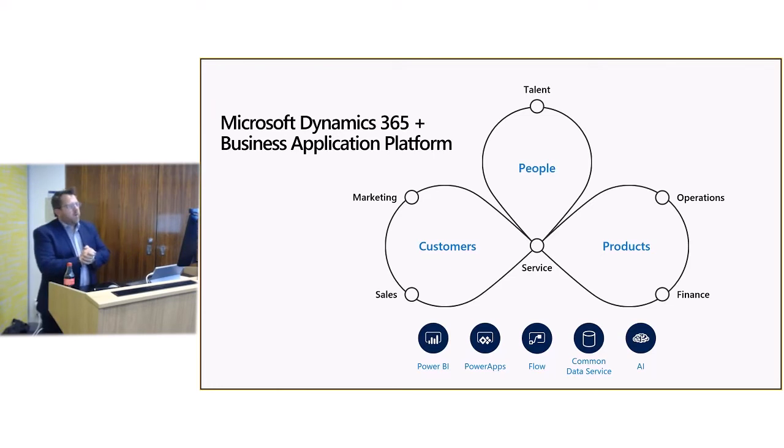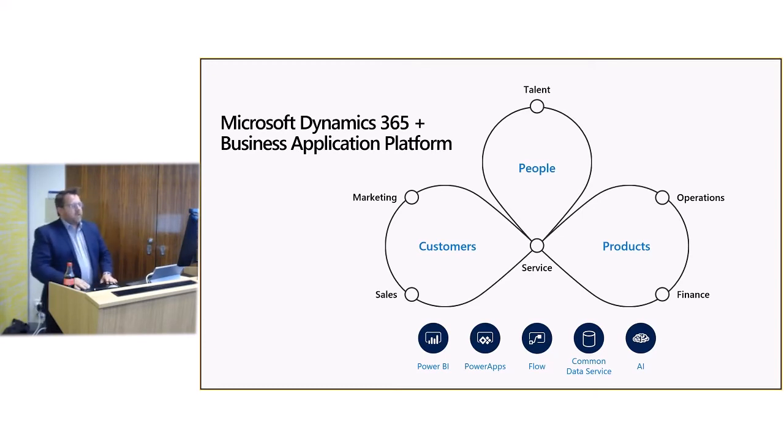So, Microsoft Dynamics 365 and the business application platform. Things such as sales and service and finance and operations and marketing are examples of the applications that are part of the Dynamics platform now. And if they work for you as they are, then fantastic, but often you'll find that a lot of people in this room are probably involved in extending those, creating different customizations or configurations to extend those processes as you need.